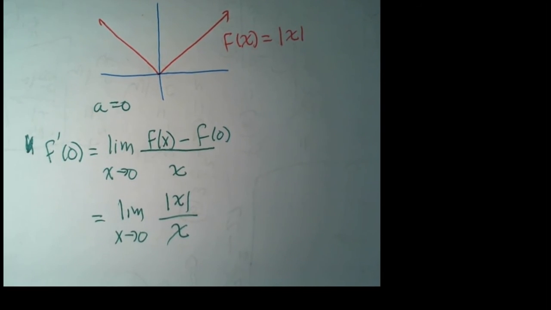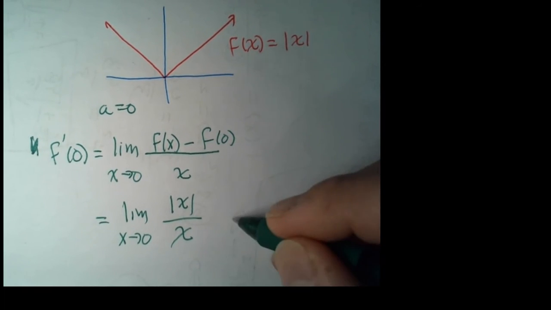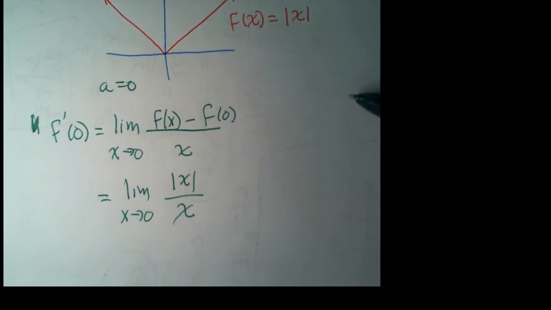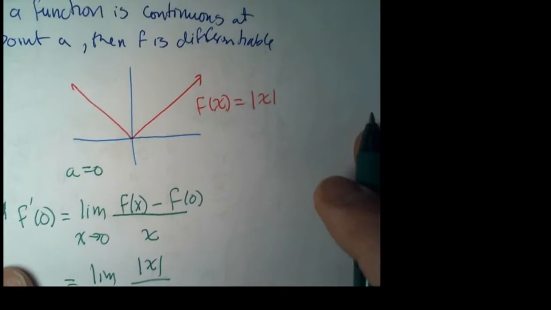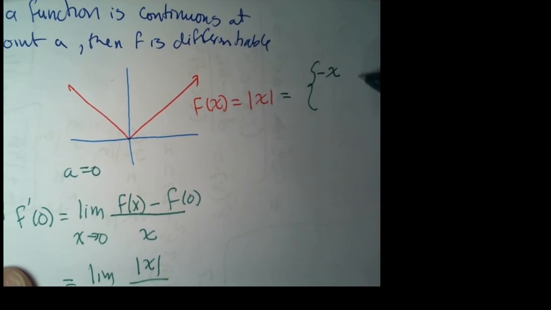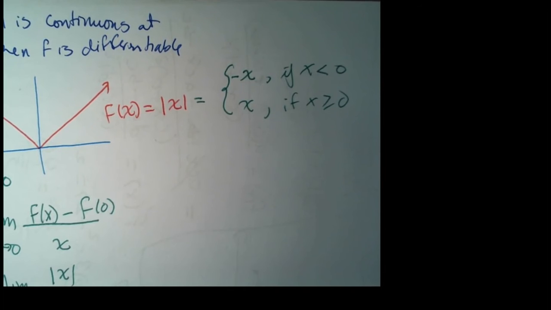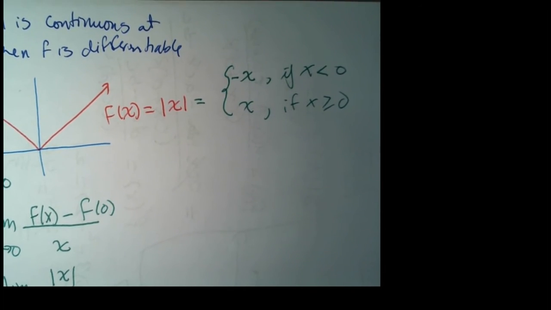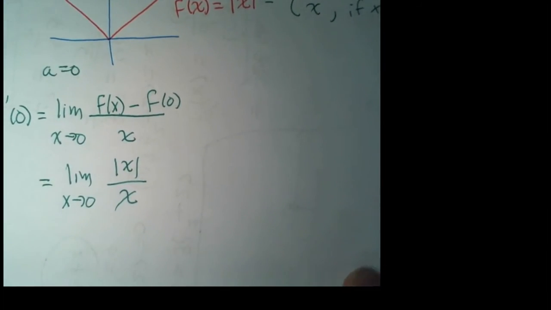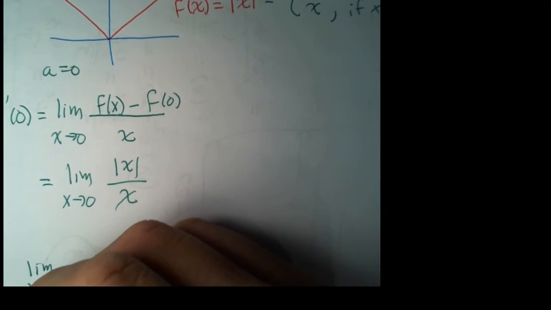Now how do we simplify this? Well, we can see looking at our graph, or using the piecewise definition of the absolute value, which is negative x if x is less than 0, or simply x if x is greater than or equal to 0. That's how we interpret the absolute value as a piecewise function. Now, applying that here, we look at the left-sided limit.